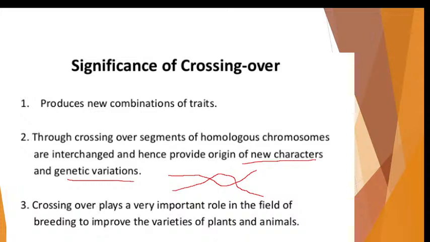So such combinations are obtained as a result of crossing over. So the significance of crossing over is that new combinations are formed, new characters or genetic variations are formed. Then crossing over has a significant role in the breeding experiments of plants as well as animals, in combining the wild characters with the yielding varieties.